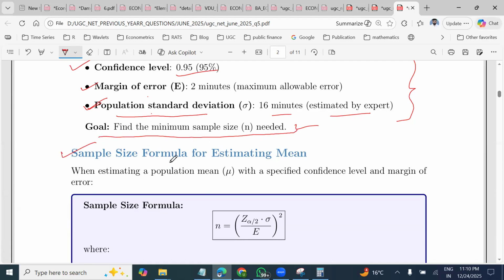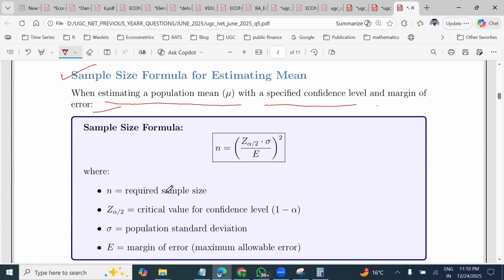The sample size formula for estimating the mean: when estimating a population mean with a specific confidence level and margin of error, we will be using Z. So the sample size formula is n = (Z alpha by 2 into sigma upon E) whole squared. n is your required sample size. Z alpha by 2 is the critical value, sigma is the population standard deviation, and E is the margin of error.